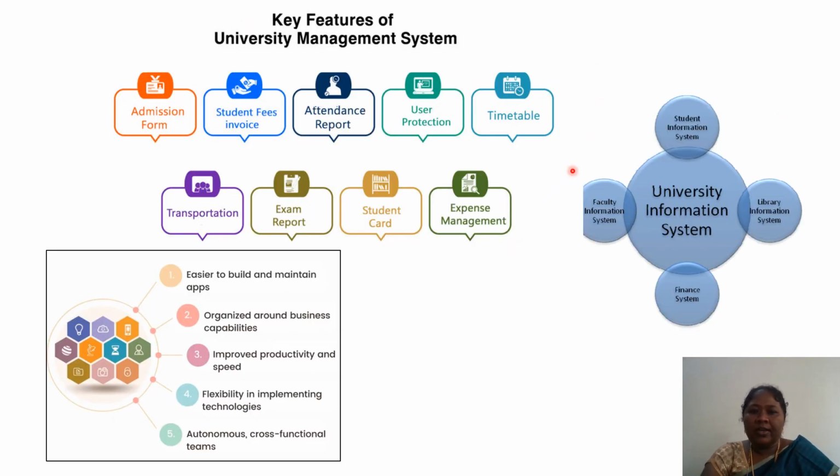Consider a university application. When you consider a university information system, what modules will be there? It mainly deals with faculty, student, library, and finance. When you go into deeper analysis, it deals with admissions, students, fees, attendance, and user protection. So when you put all these in separate services, then it is easy.